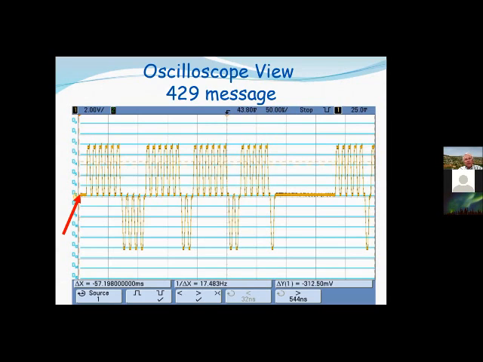Okay, and the answer is on this picture. From the red arrow here until we get to this dead area here, that is a single ARINC-429 word. So there are 32 bits here. And if you count up the ones going up and the ones going down, in fact, let's do it.